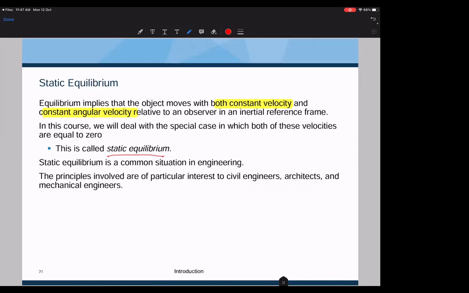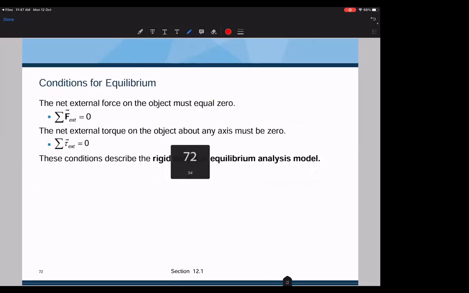if the objects are not moving, zero speed, zero angular velocity, and if they keep doing so, then there is only the following situation. You have no net force and you have no net torque.